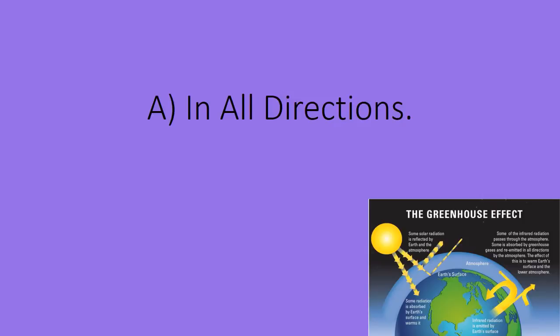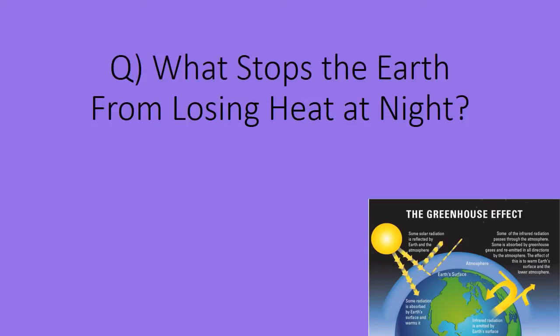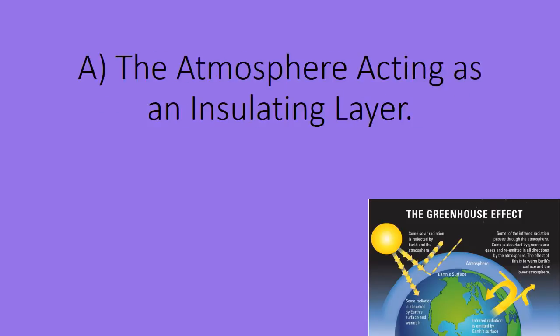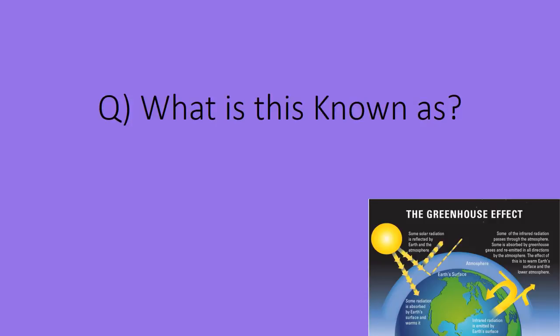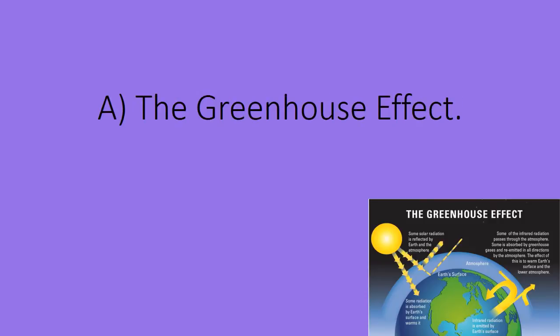In all directions. What stops the Earth from losing heat at night? The atmosphere acting as an insulating layer. What is this known as? The greenhouse effect.